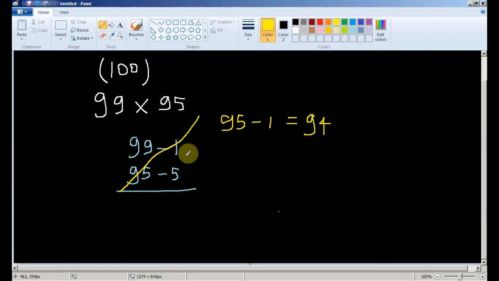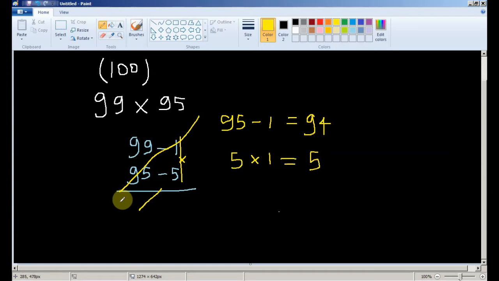Similarly, you have to do a vertical multiplication. So 5 into 1 gives you 5. Now the question is, if you write a single digit, you won't get the right answer, because the answer has two parts, the first part and the second part.